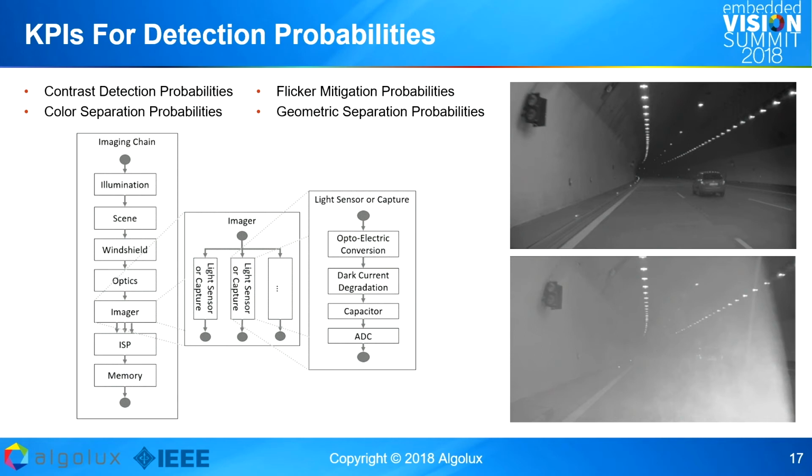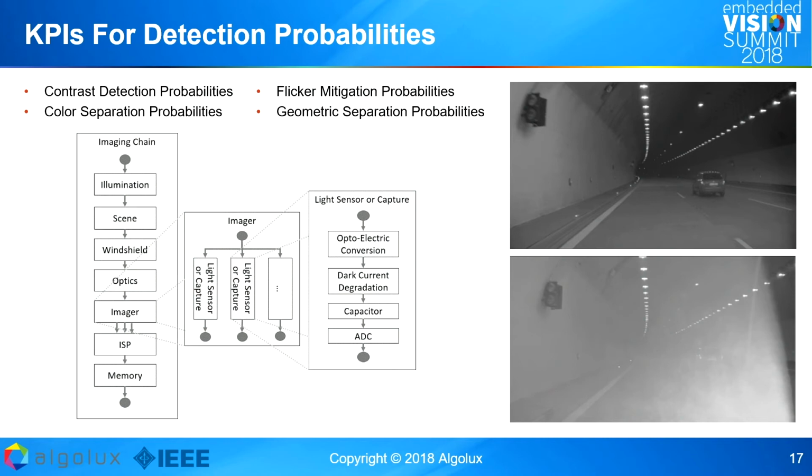So here we have a scene, which is modeled just by illumination. It gets propagated through the scene, and the incoming light field gets propagated through the windshield. Then the windshield can introduce severe optical effects such as glare, shown here on the right side. Then it goes through the camera optics.